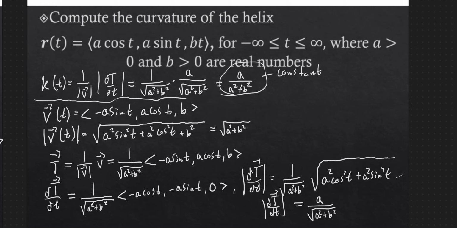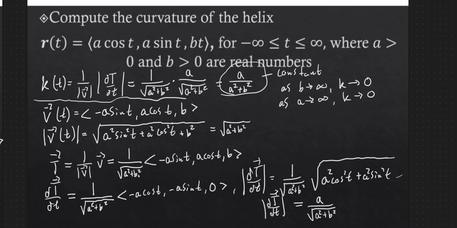Some other things to notice: as b increases, as b goes to infinity, the curvature will go to 0. And same thing with a, right? We have a on the top and an a squared on the bottom, so this is going to act like 1 over a as a gets really, really large. So as a goes to infinity, k also goes to 0.